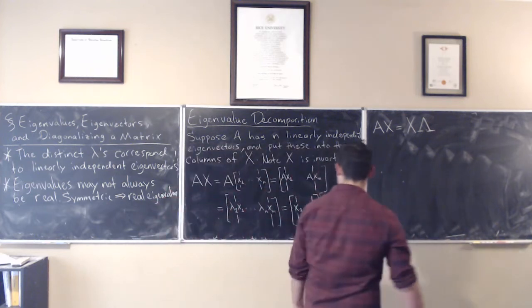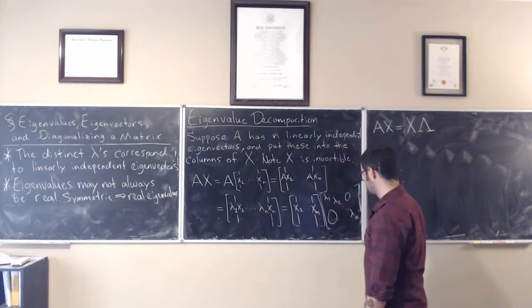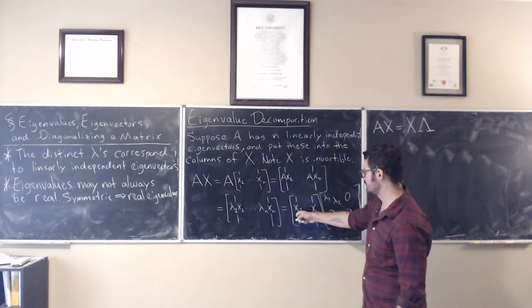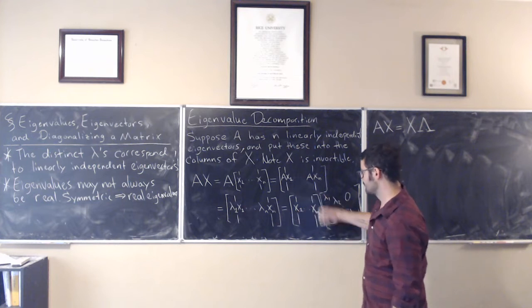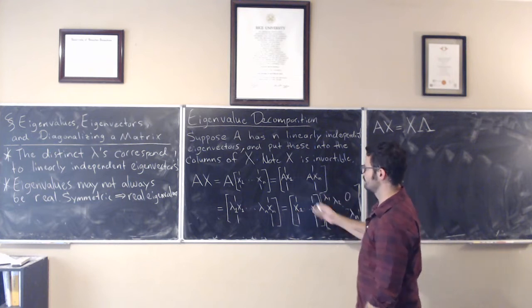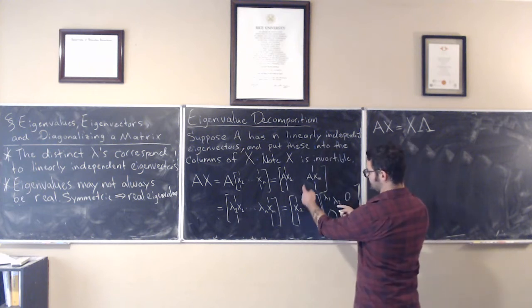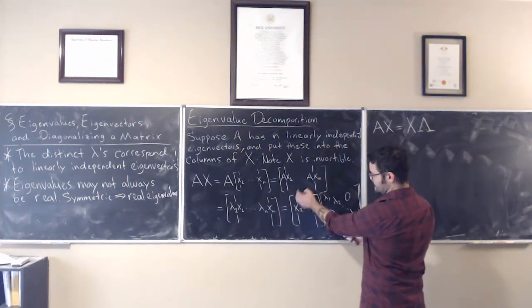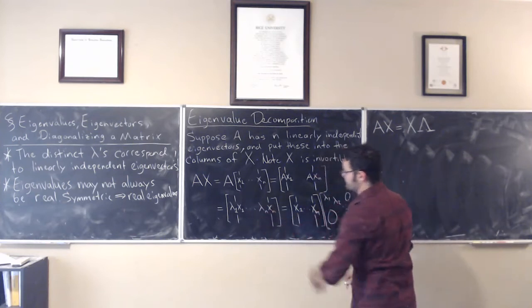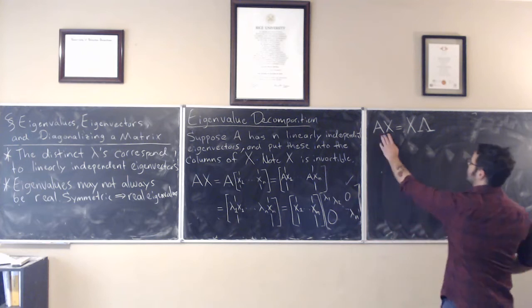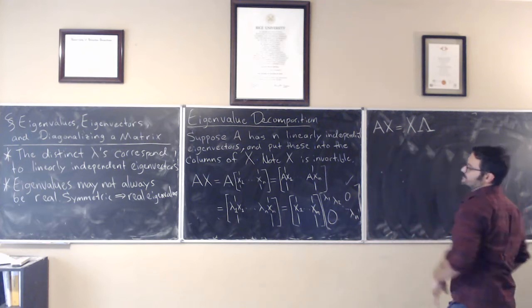Now it works, because it's lambda 1 times x1 plus 0 times every other column, which gives me the first column, and then 0 times x1, lambda 2 times x2, 0 times all the other columns gives me that column there. All right, works. So AX is equal to X lambda.